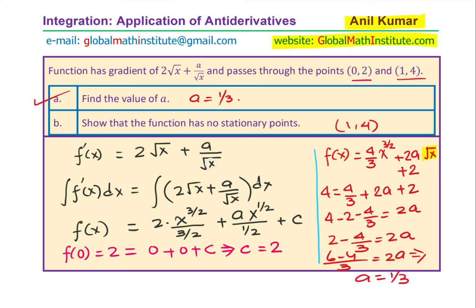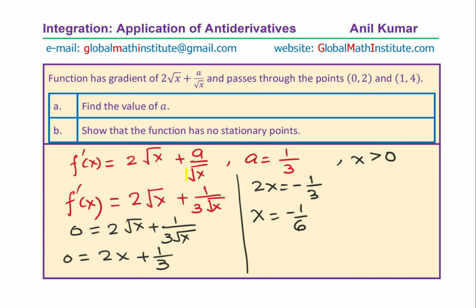And in the derivative, the denominator is square root x, so x cannot be equal to 0. So we see that x has to be greater than 0. And since we got an x value of minus 1 over 6, we say this does not exist, right? And hence, no stationary point.